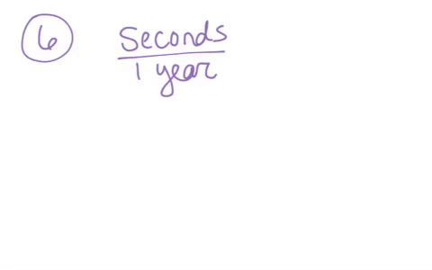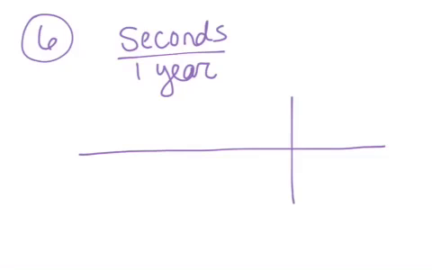We have to have units on top and down bottom. So let's start. We know we're going to start with seconds per year. So I'm going to start over here with seconds per year. And I'm going to work backwards to help me make sure I end up with those units.